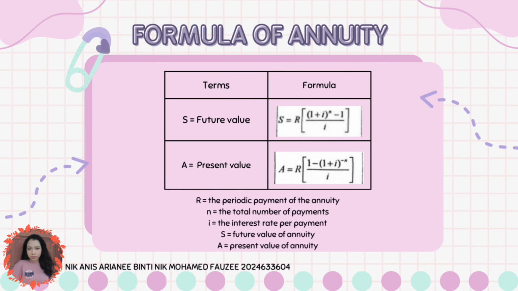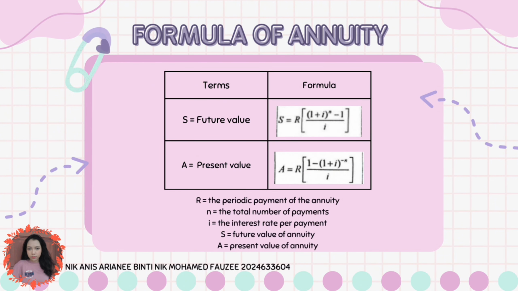over I close bracket. For the second formula, which is present value A, the present value A refers to the amount needed today to generate the specific payments over time considering the interest rates.